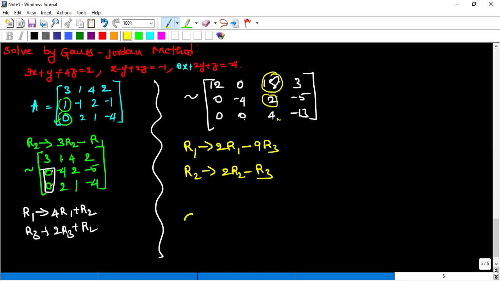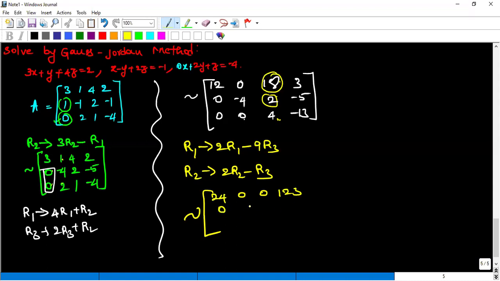Now if you do the transformation, what will we get? R1 we are changing 2R1 minus 9R3. 2 12s are 24. This is 0. This is 0. Then here we will get 2R1 means 2 3s are 6, minus into minus plus 9 13s, exactly 123.